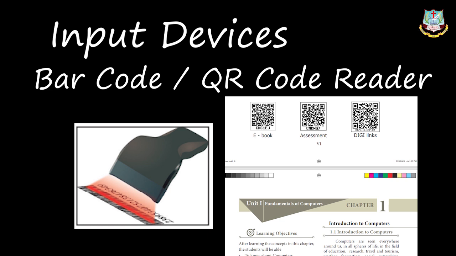If you scan that QR code with your camera, it will take you to the page where you will have your book online. The same book will come from the browser. If you have an internet connection and you scan that QR code from your book, you will get the ebook on your mobile.